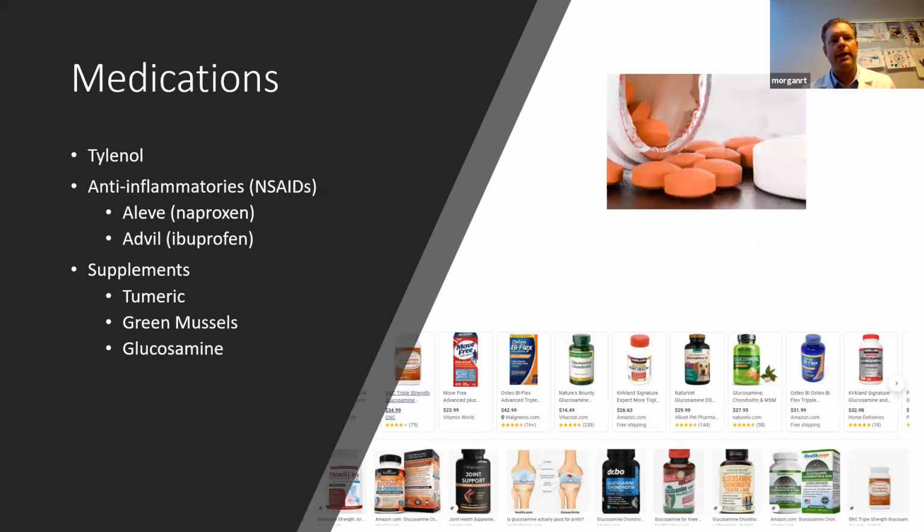We're going to talk a little bit about medications here. So that bottom panel was a quick Google search of knee joint supplements. Boy, they put a lot out there. Or medications, you know, you could take Tylenol, though that's not an anti-inflammatory, but for certain patients with other medicines that prevent them from being able to take anti-inflammatories, sometimes Tylenol is a good first place to start.